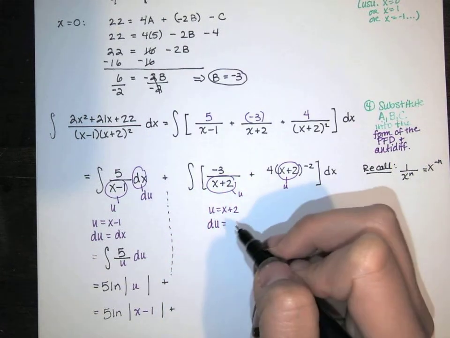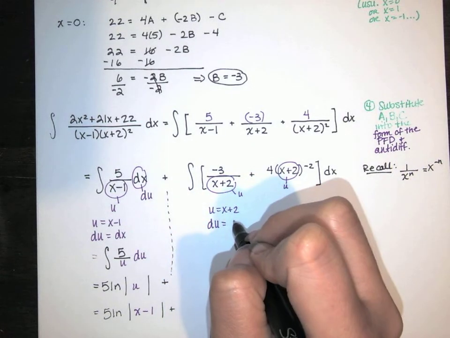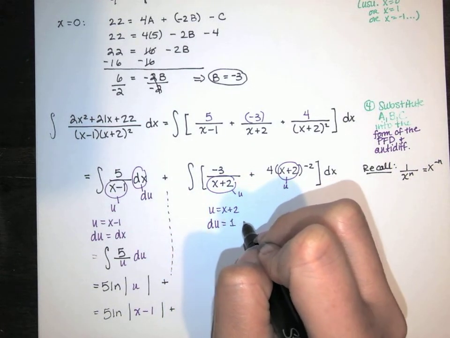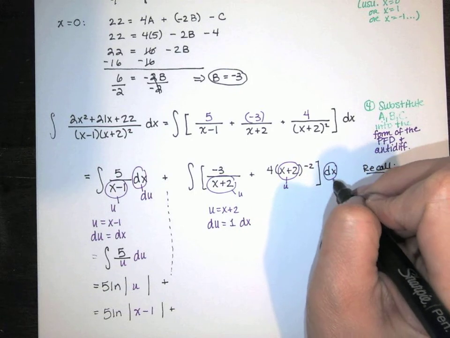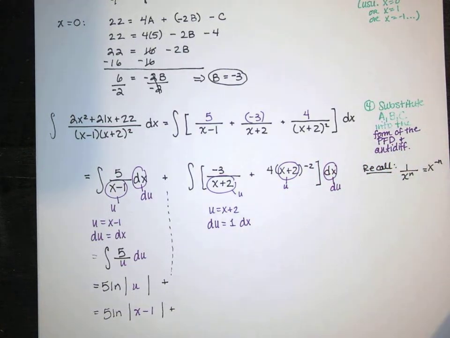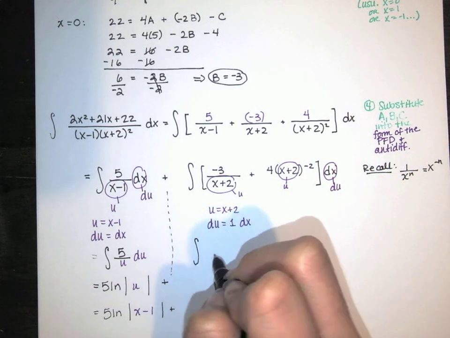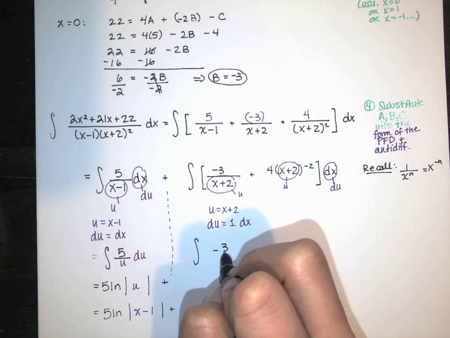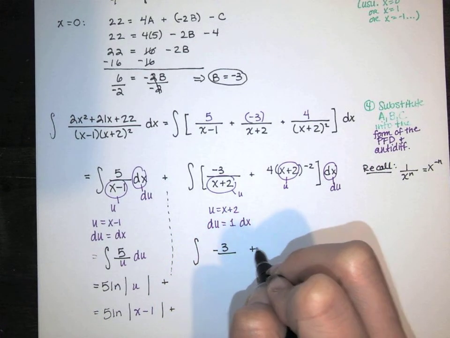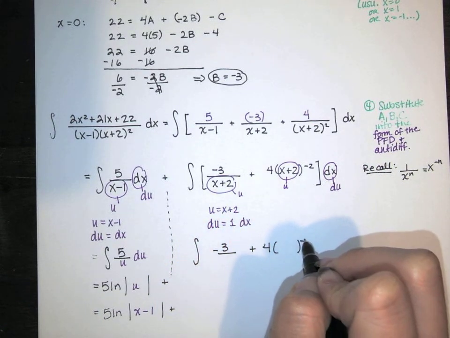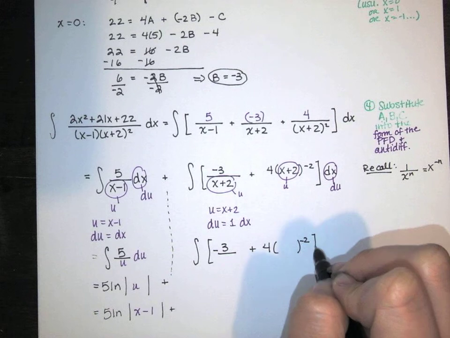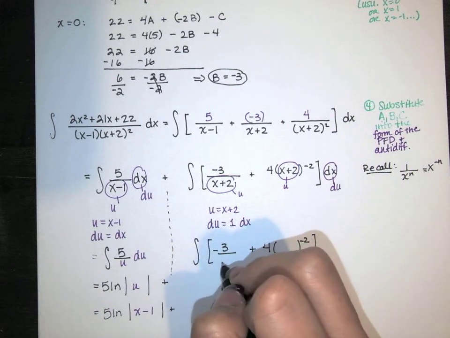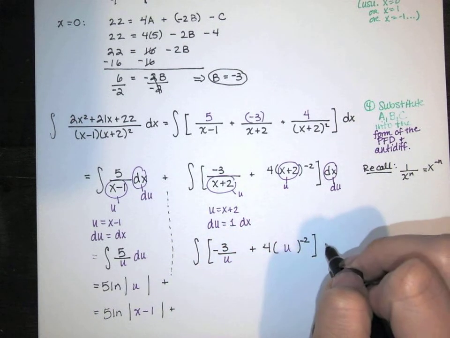Derivative of x plus 2 is just 1, so I get 1 dx. So this can be replaced by du. So my integral, entirely in terms of u, is -3 over u plus 4 times u to the -2, all times du. I just left a space to write in my u's, my du.